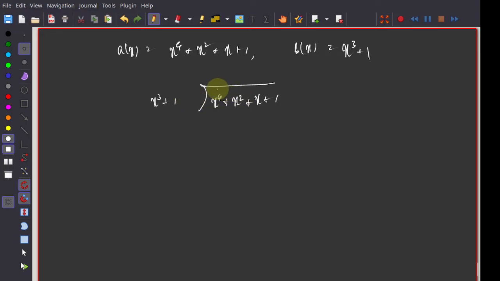So what's the first step? I multiply x cubed plus 1 with x. I get x to the 4 plus x.